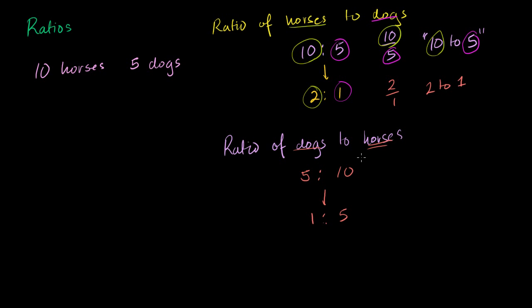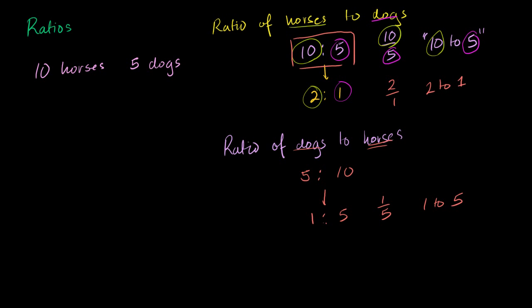So the ratio of dogs to horses is 5 to 10, or 1 to 2. The general convention, though 5 to 10 wouldn't be incorrect, is to get your ratio, or your fraction, into the simplest, reduced form.